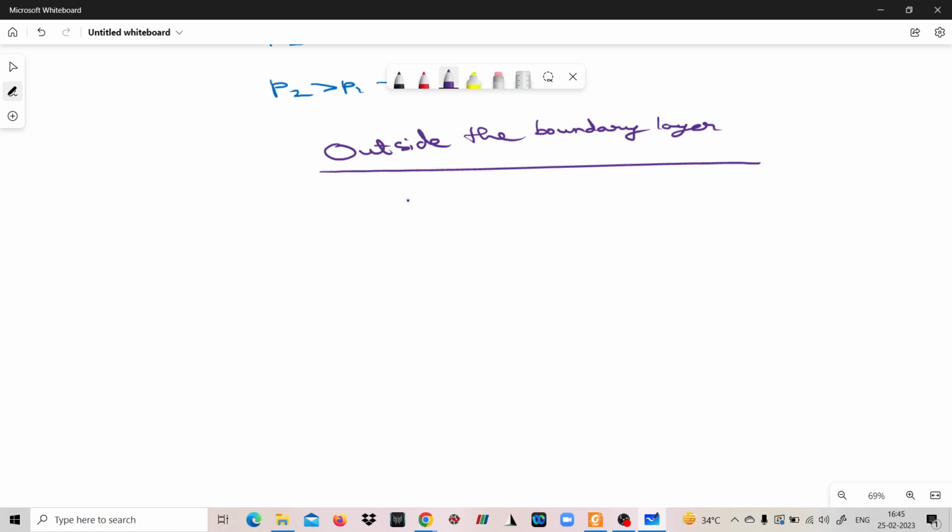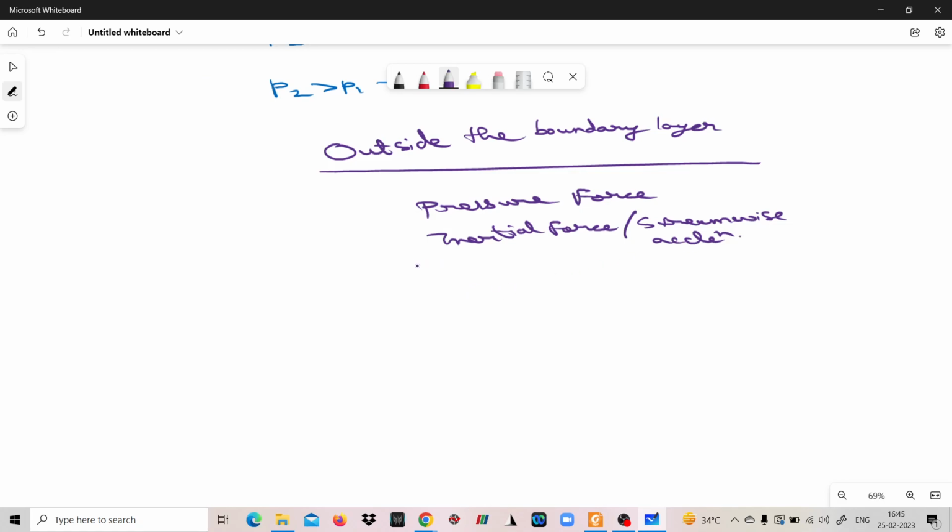See, what are the forces? There is no viscous force, there is pressure force, and there is inertial force, or force due to streamwise acceleration.